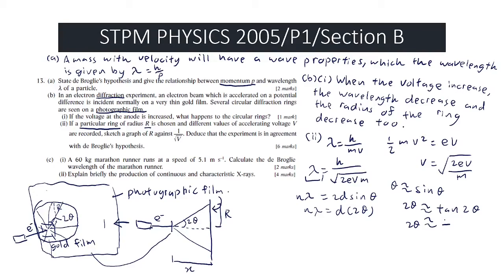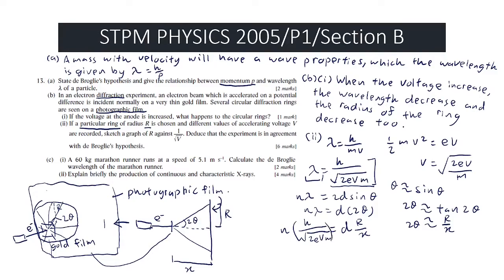This is the definition for the tangent, which in our case is R over x. So we substitute this inside, we get d R over x, and we use the lambda, we substitute this here inside the m lambda, we get h over square root 2emV.